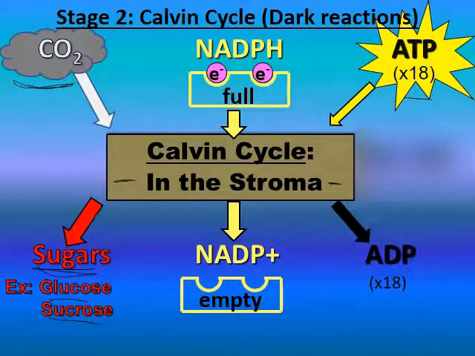The electrons get used up, and the energy from ATP also gets used up. Now, I call this the Calvin cycle. Some textbooks might call it the citric acid cycle. Be aware, they are the same thing. It really just depends on the textbook. The Calvin cycle is named after the scientist who discovered it, just like the Krebs cycle from cellular respiration.